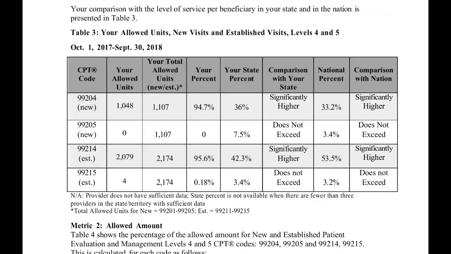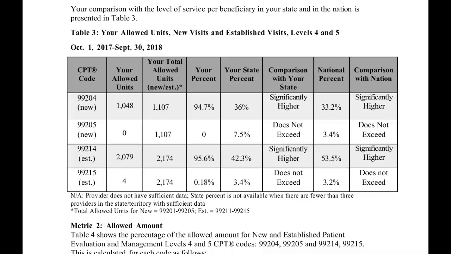as well as the results. So for 99204, we have the allowed units for this sample provider, and then we have the total units for new patient visits, because 99204 is a new patient visit. And then we have the calculation. This provider's percentage of 99204 visits was 94.7%.